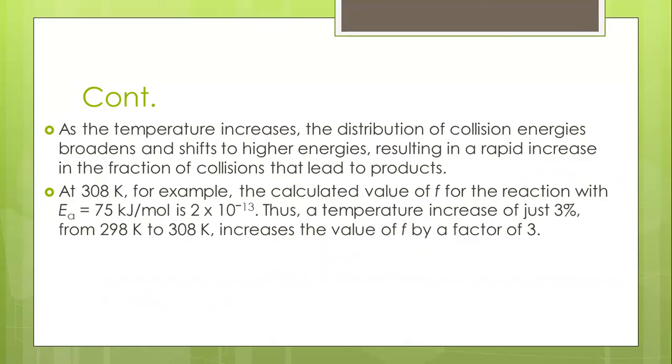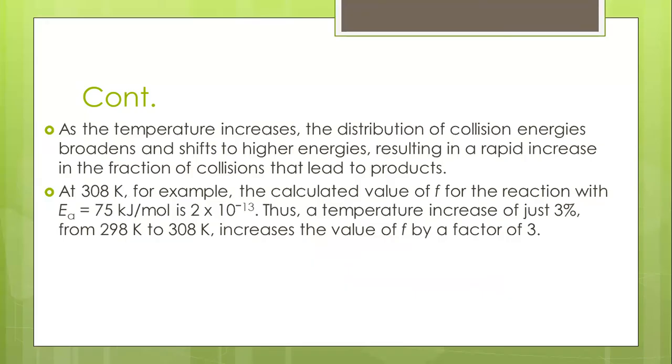As the temperature increases, the distribution of collision energy broadens and shifts to higher energy, resulting in a rapid increase in the fraction of collisions that lead to the products. At 308 Kelvin, for example, the calculated value of f for the reaction with EA equal to 75 kilojoules per mole is 2 multiplied by 10 to the power minus 13.